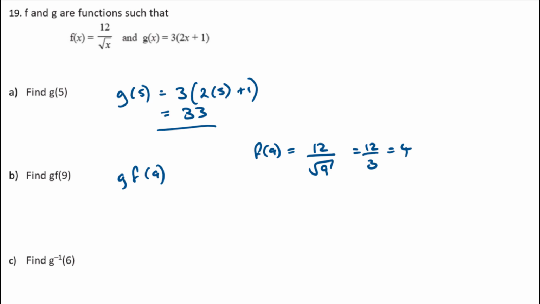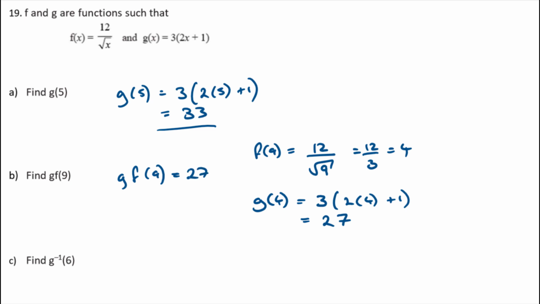So then taking that answer and feeding it into g, so g of 4 is going to be 3 lots of 2 lots of 4 plus 1. 2 lots of 4 is 8 plus 1 is 9 times 3, 27. Okay, so fg of 9 then is going to be 27.